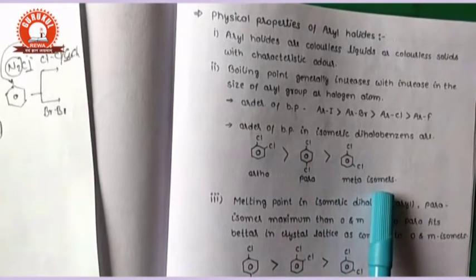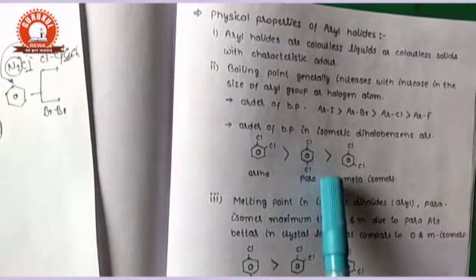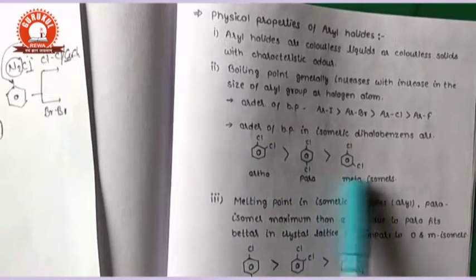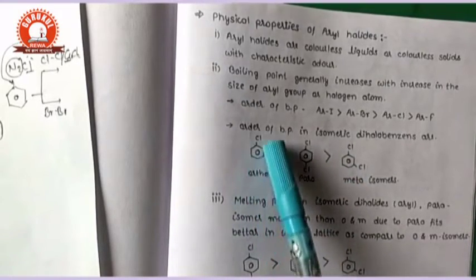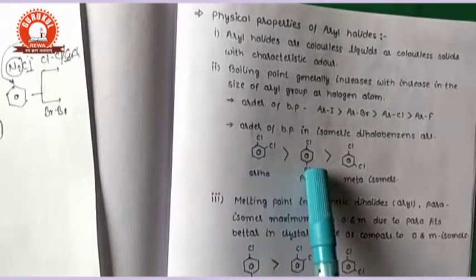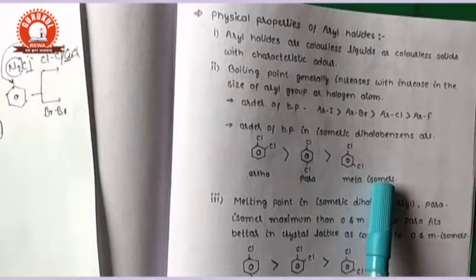In general organic chemistry, if you remember, the ortho group or para group is more active as compared to the meta group. That's why ortho has a greater boiling point than para, and after that the meta isomeric form.